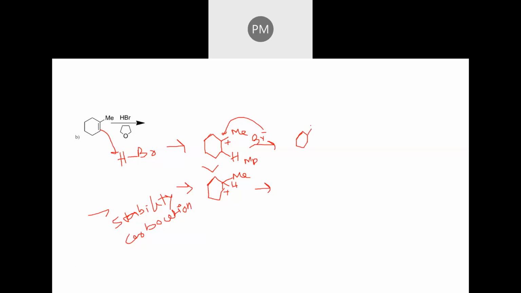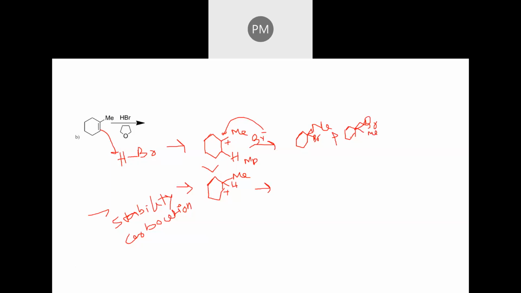One case is like this, with Br above and here below. The Br is above, and there it is below.